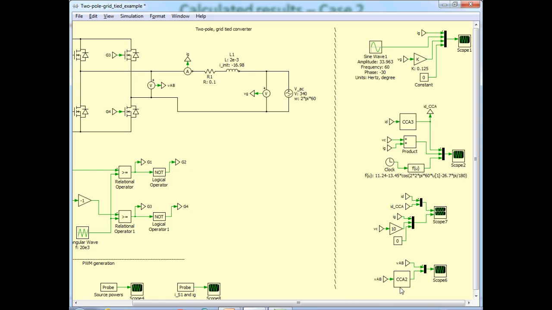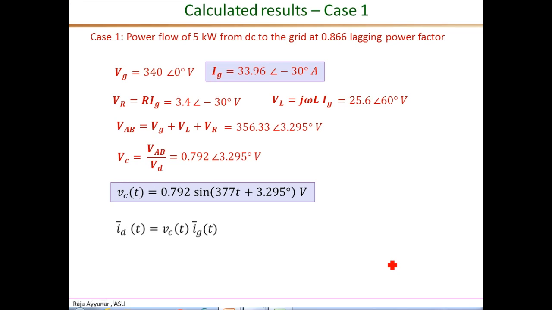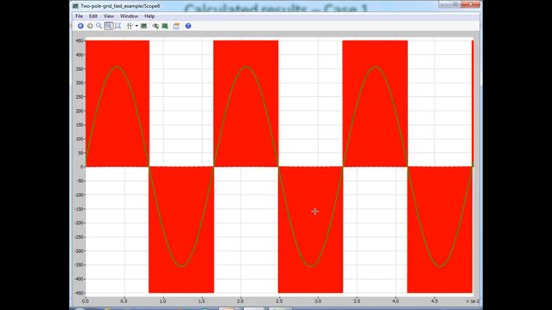The CCA block calculates the average over one switching period, and that is monitored in this scope. What we expect for the average of VAB is a sine wave at 356.33 peak, leading the reference by roughly 3.3 degrees.